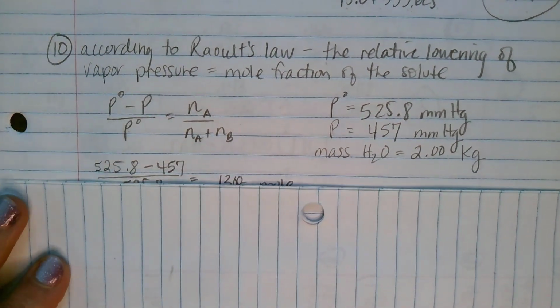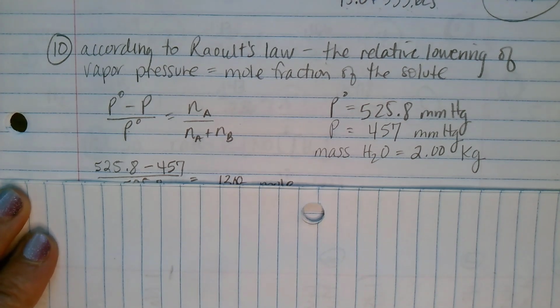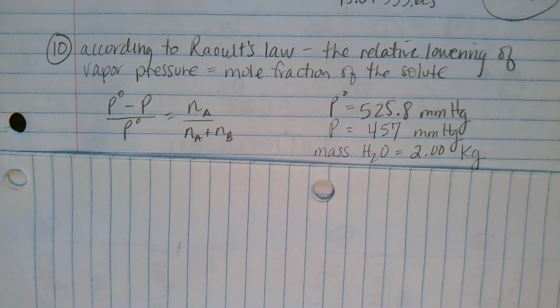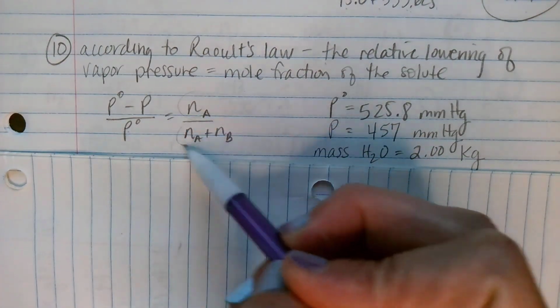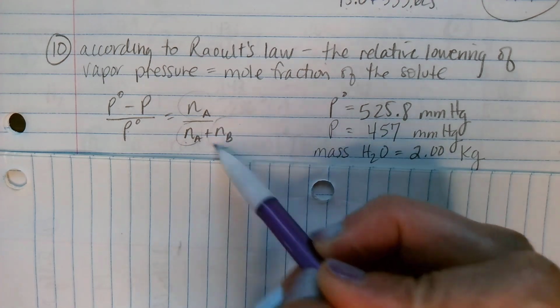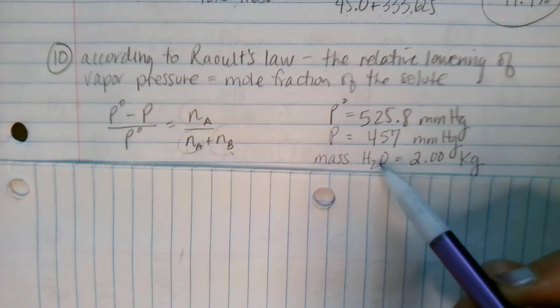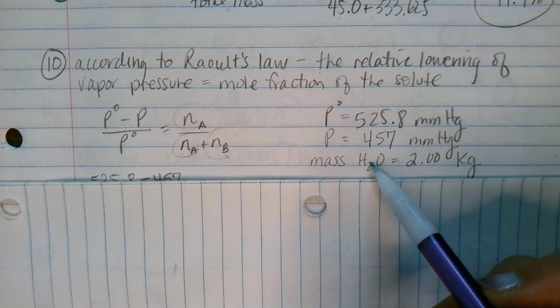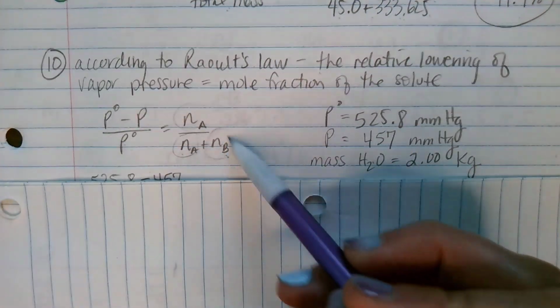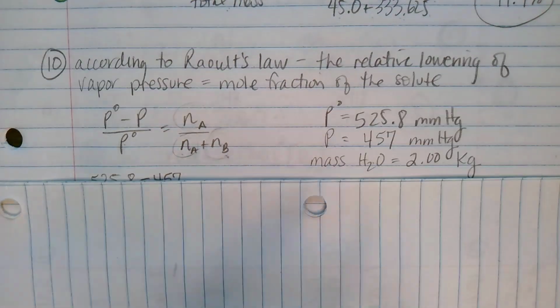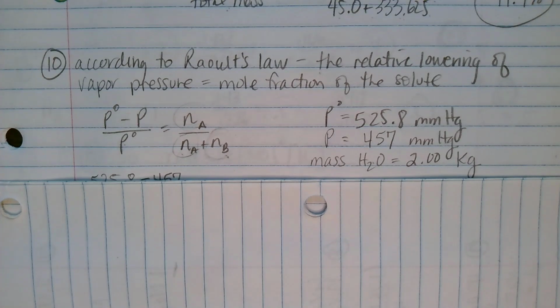I'm trying to find the mass of glycol. So again, I need to find moles of glycol, because I know the mass of water, and mass of water I can get to moles of water. So I can find this part. I just need to find the mass of glycol added.